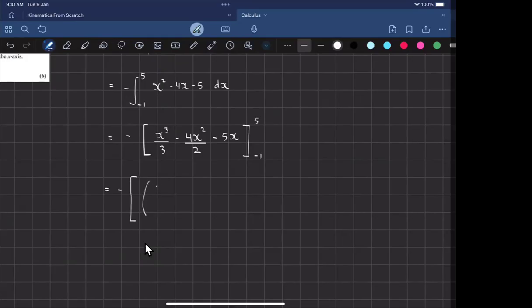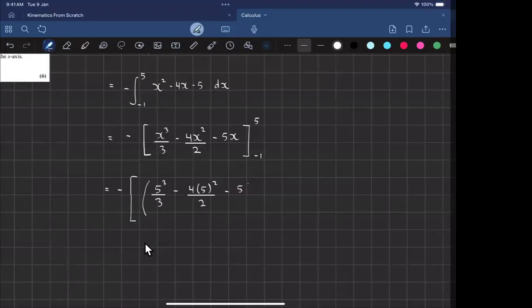So I'm going to say 5 cubed all over 3 minus 4 times 5 squared all over 2. Somebody is saying that we could have simplified this. We could simplify it if you want, but that's fully optional. You could have just said 2, but it's unnecessary.